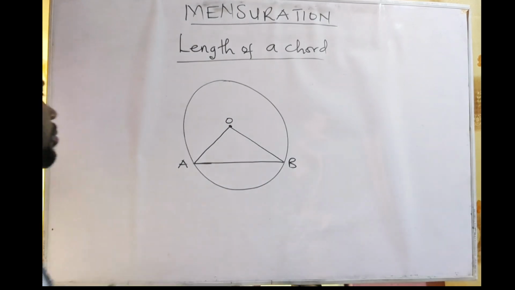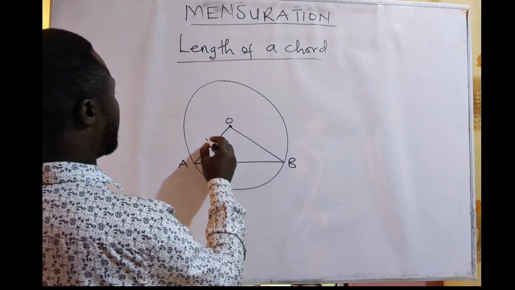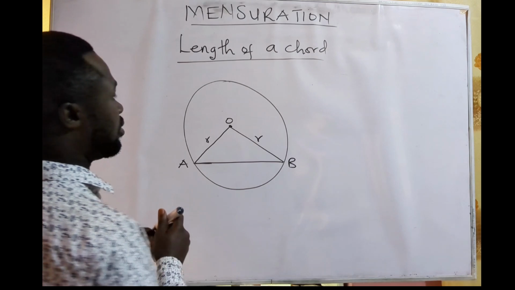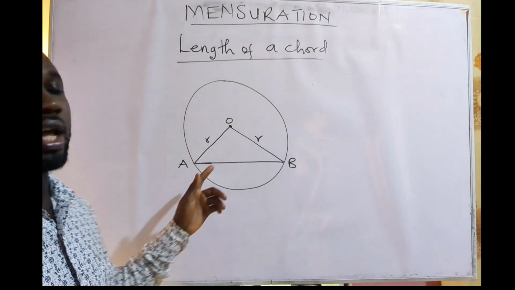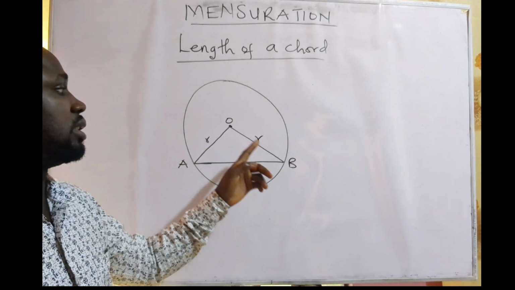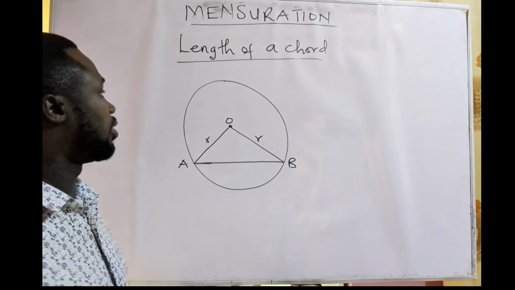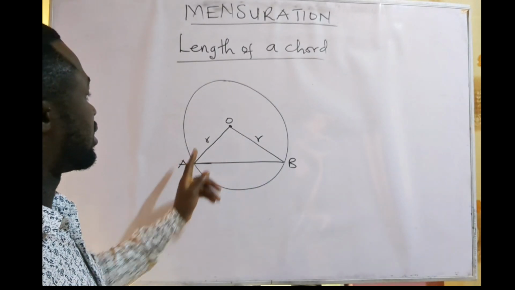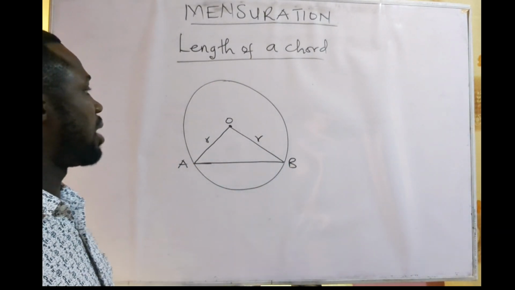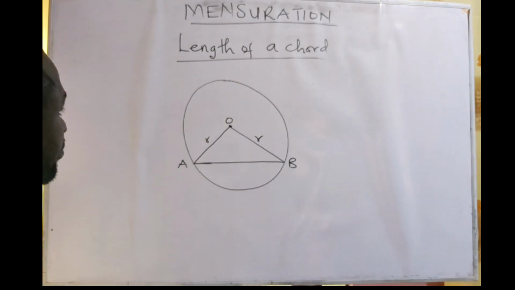This becomes our radius, a straight line from the center of a circle to the circumference, and AB is the length of the chord.